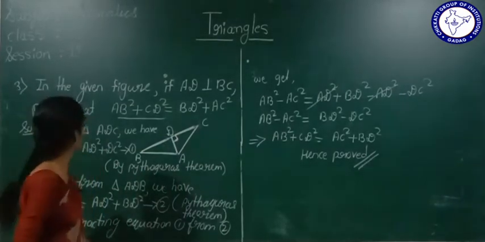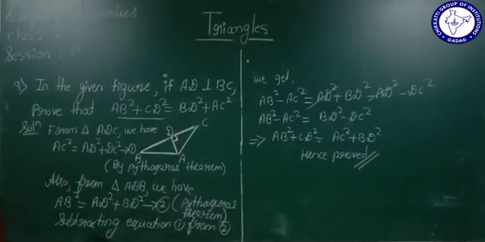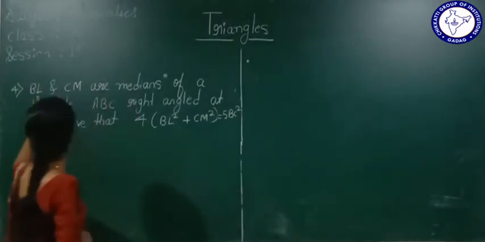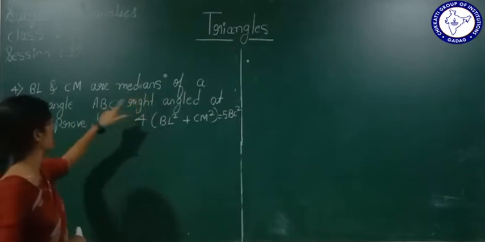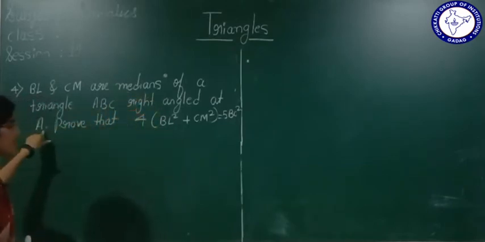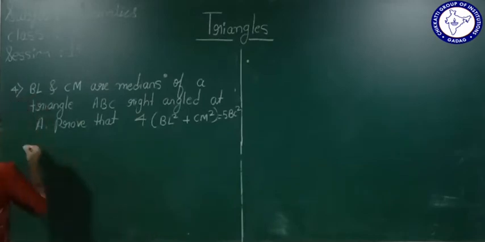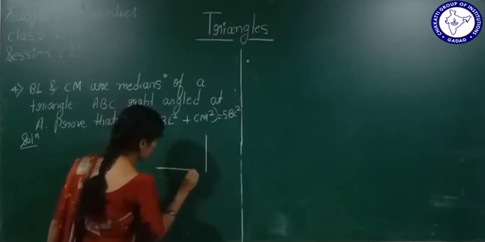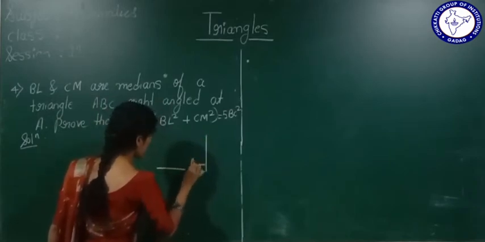Okay, next we will see the fourth problem. Now see, our fourth question tells us that BL and CM are medians of a triangle ABC, right angled at A. We will draw the figure first.